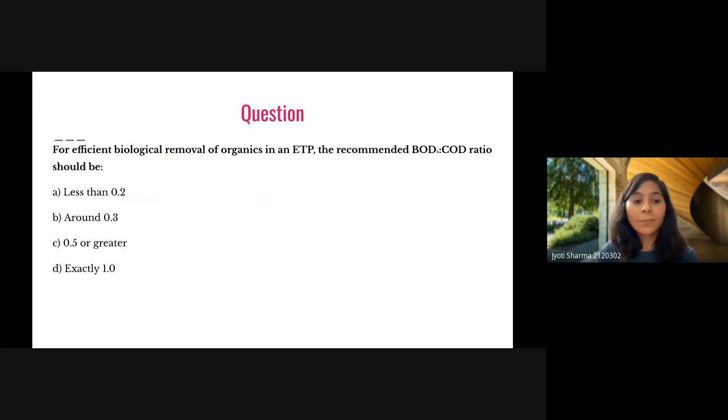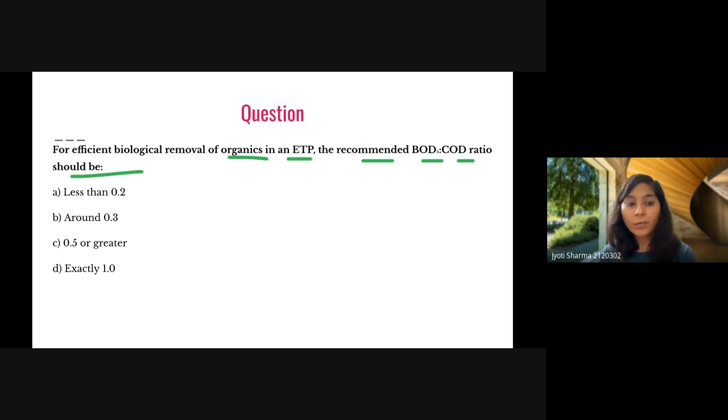Okay, next coming, if we want to remove some organics using this ETP, effluent treatment plant, then what should the recommended BOD and COD ratio be?